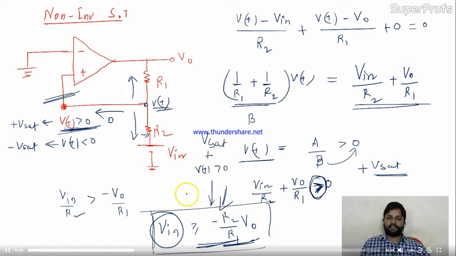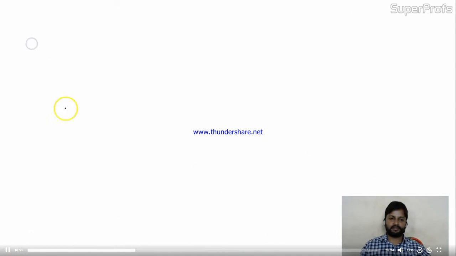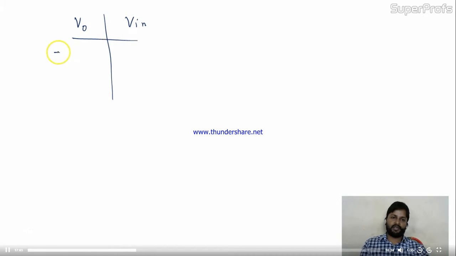Okay. And if I take the opposite of it, see friends, let me write over here. Let me erase it. Here I'm taking V naught. Here I'm taking V in. Now the condition is, when will we have plus V saturation?